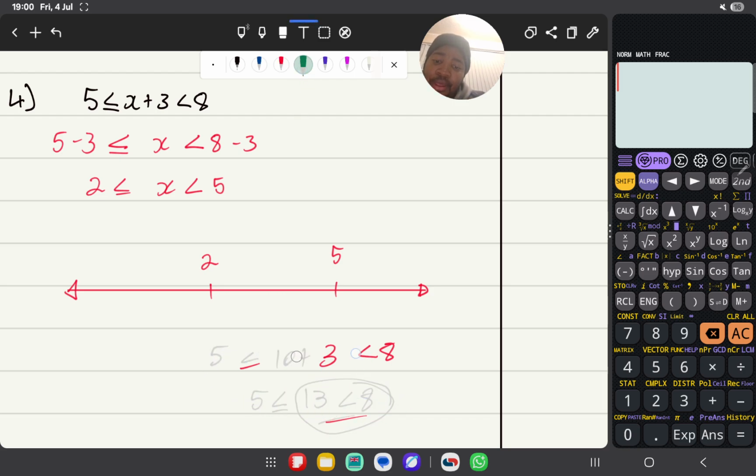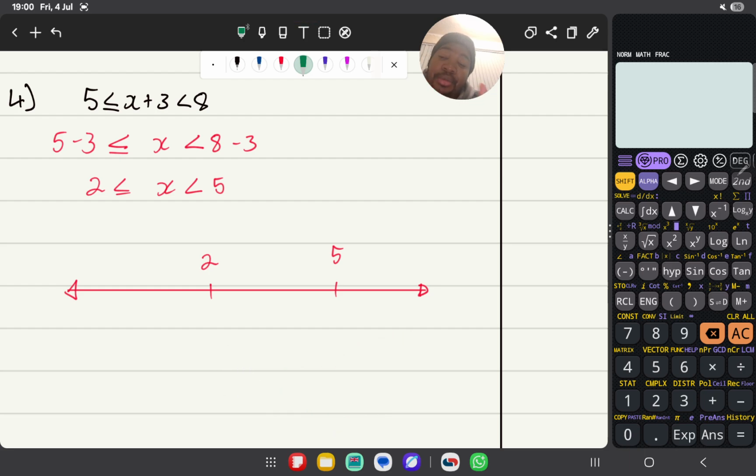Then pick a number here, 0. 5 is smaller than, yes.